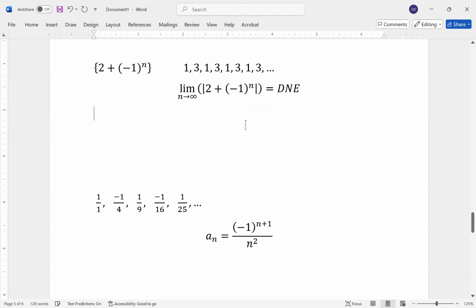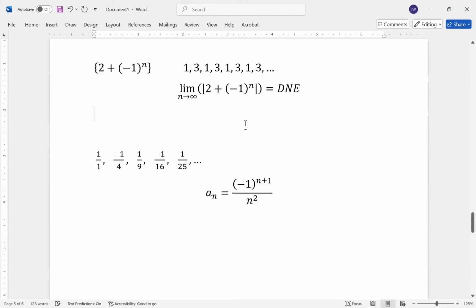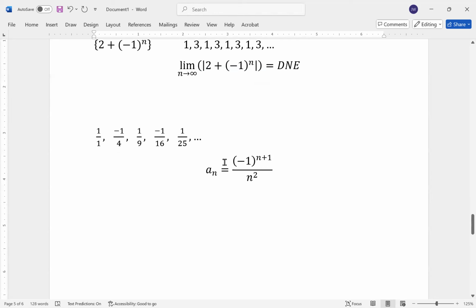However, the types of sequences that this theorem, this absolute value theorem, is good to deal with are the kinds like this one. We have 1 over 1, -1 over 4, 1 over 9. If I took the absolute value of a sub n, let's actually just write that down.